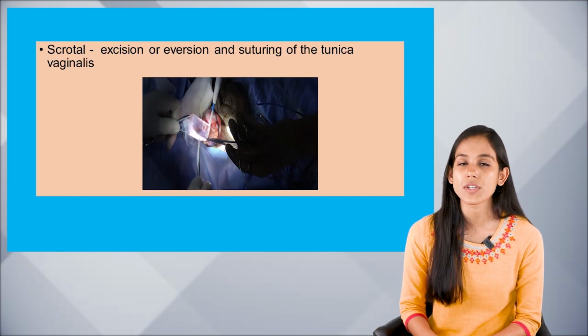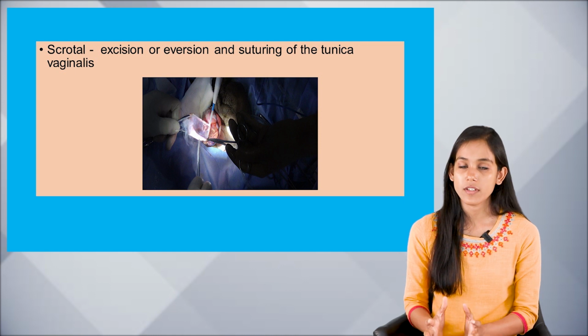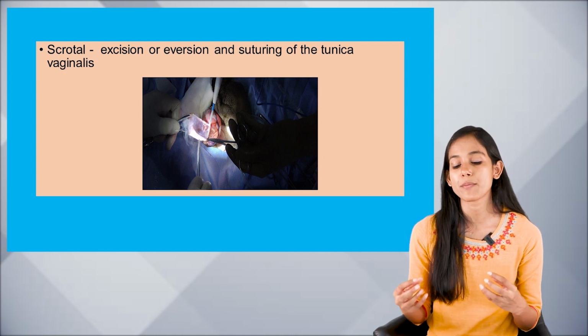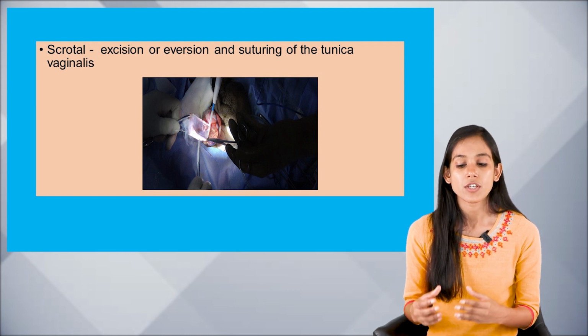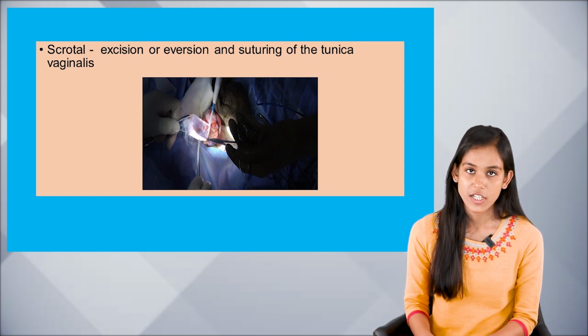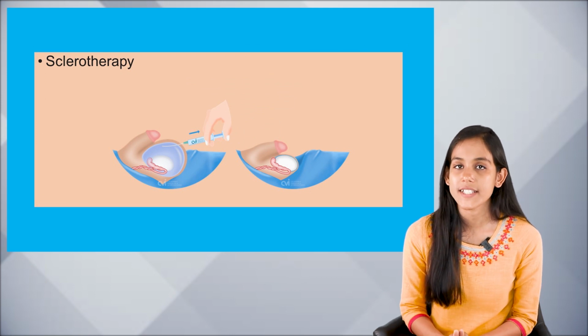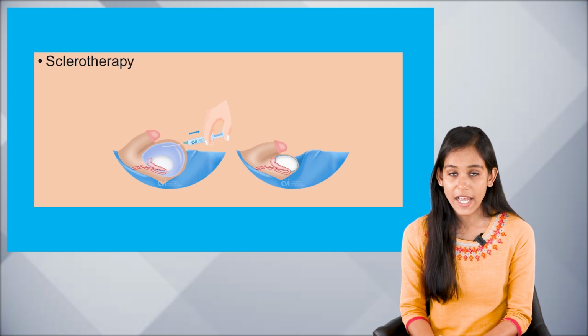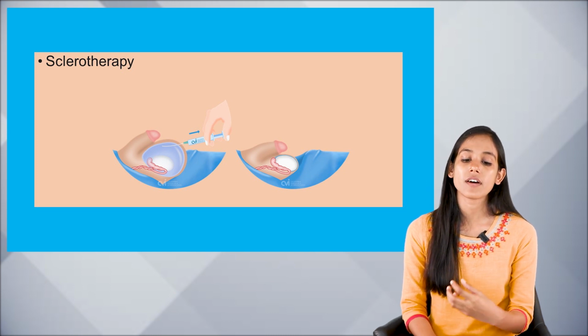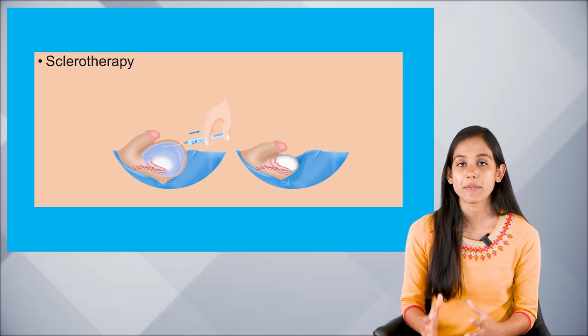The next one is the scrotal approach. Here there is excision and eversion with suturing of the tunica vaginalis. The next thing is sclerotherapy. Here in sclerotherapy, they do scrotal aspiration and also sclerotherapy of the hemiscrotum.